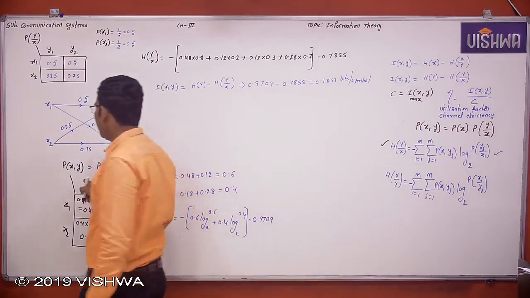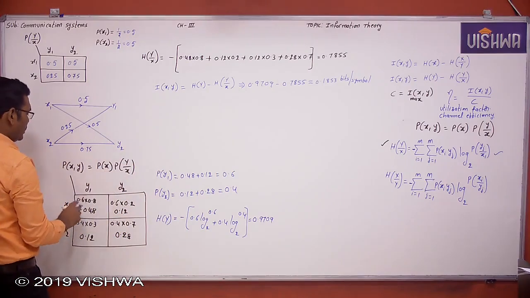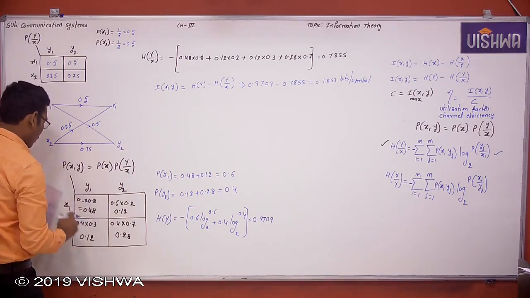So first we want to find the joint probability, which is equal to P of X into P of Y by X. What is P of X here?